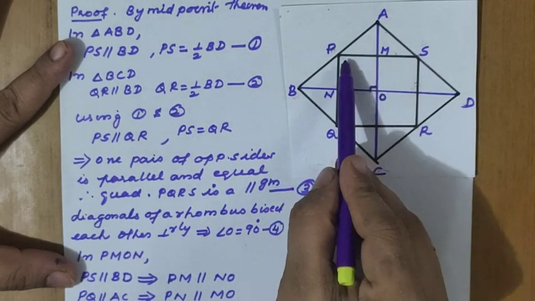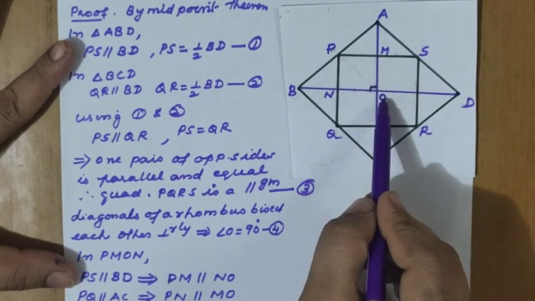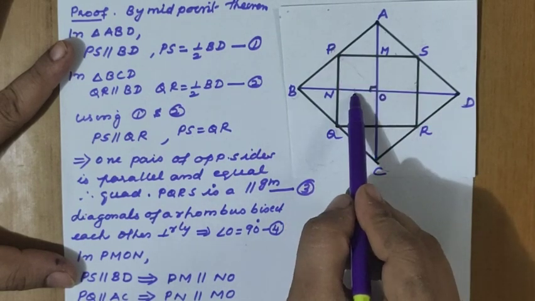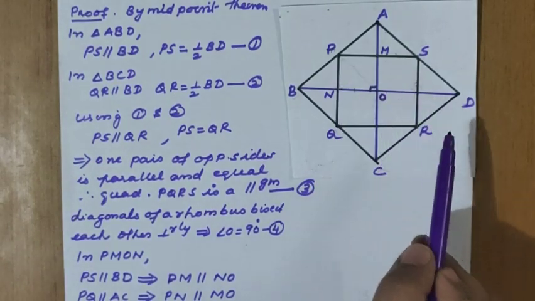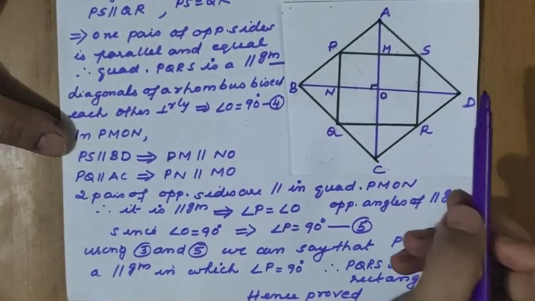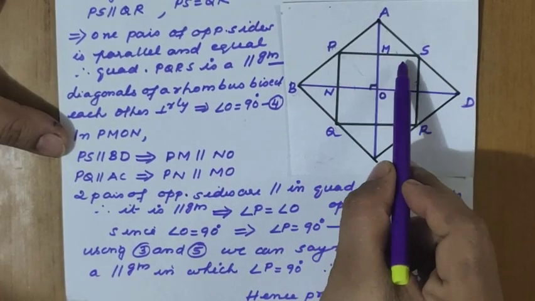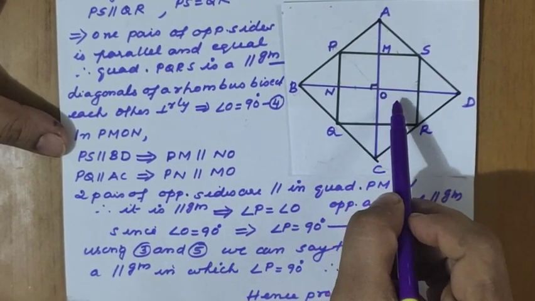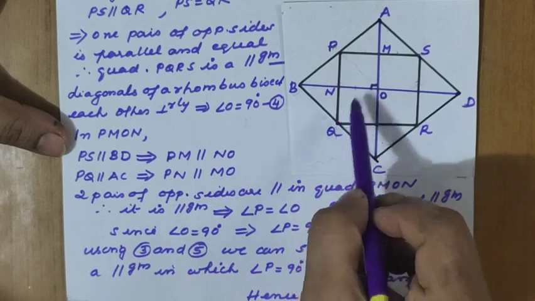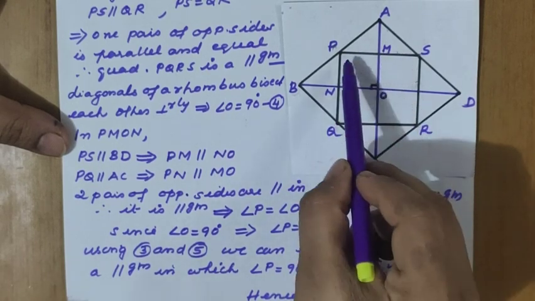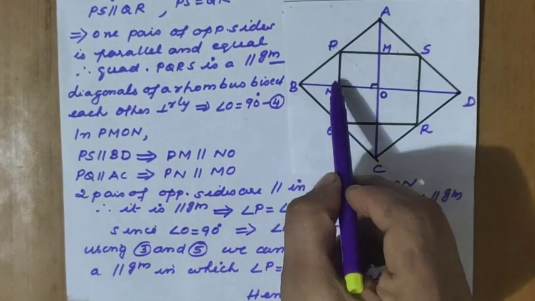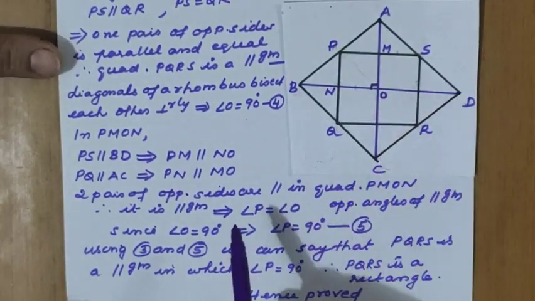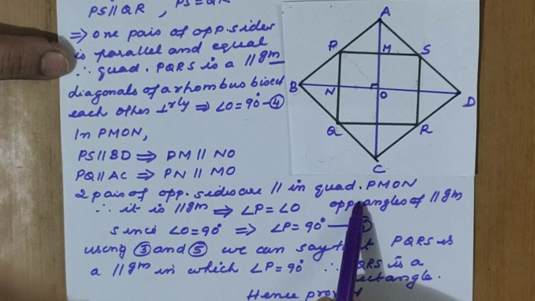So we are taking that PS parallel to BD means PM parallel to NO and PN parallel to OM. By midpoint theorem we know that PS parallel to BD. Similarly PQ parallel to AC also. So that means PM parallel to NO and PN parallel to OM. So two pairs of opposite sides are parallel.